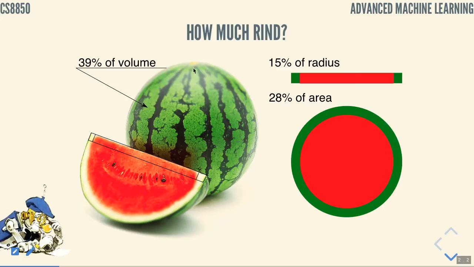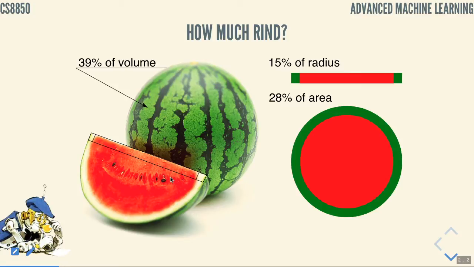So when you're buying watermelon, almost 40% of what you're paying for is something that you're gonna throw away, is the rind. So even though your rind is very thin, like in the slice, it's just 15% of the radius.